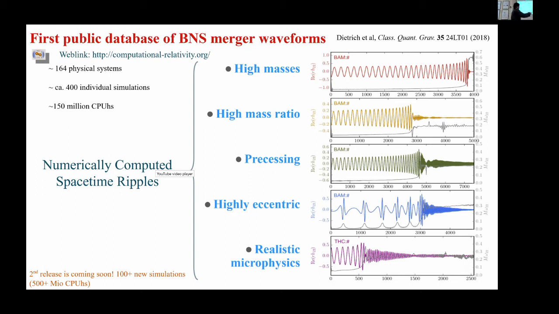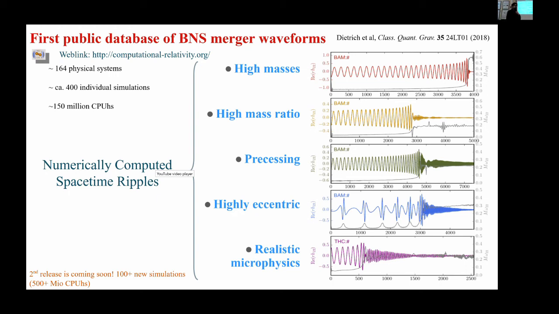This particular waveform is where they have treated viscous hydrodynamics in the simulation, which is mostly the equations that I showed before for GHD. There's ideal hydrodynamics, but one can also do other interesting things.